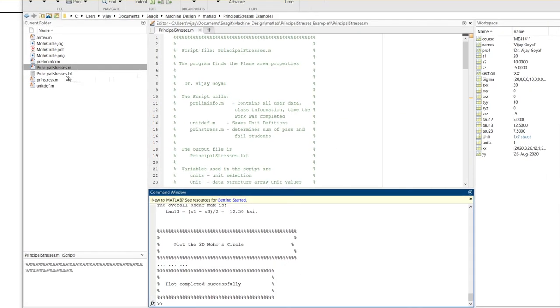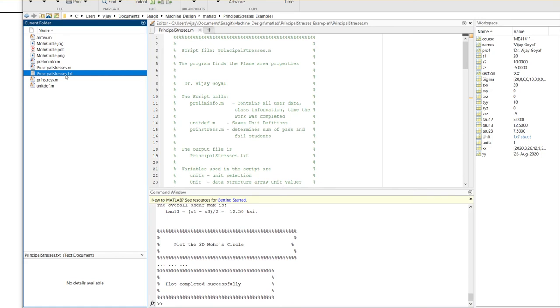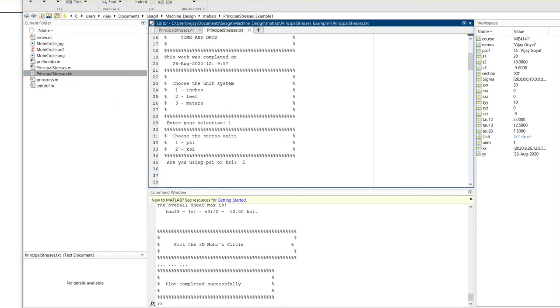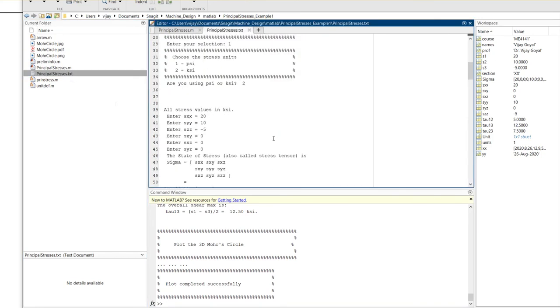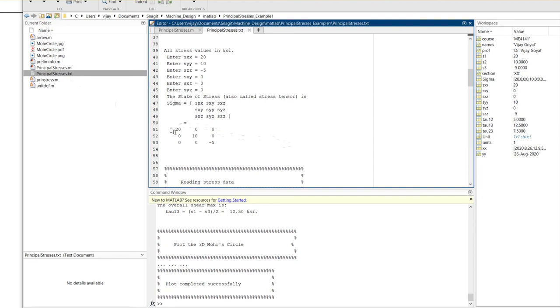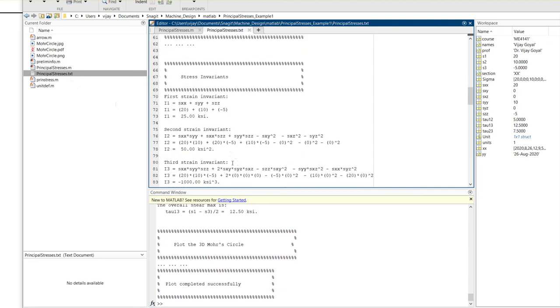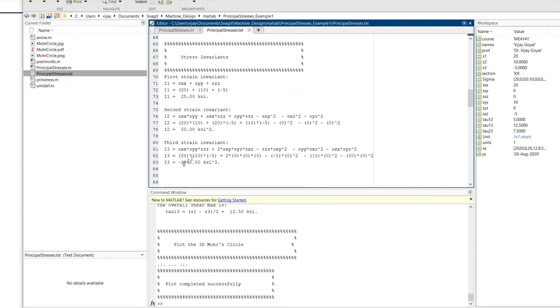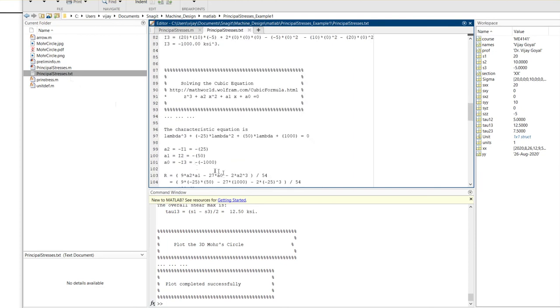But then if you open this file, this is an output file, and you can see that it gives you everything. It says this is your state of stress. This is your stress invariants, how they are calculated step by step. This is 50, this is minus 1,000.